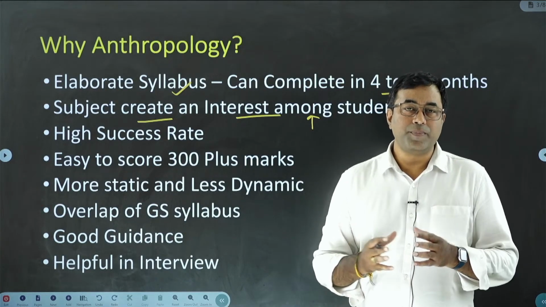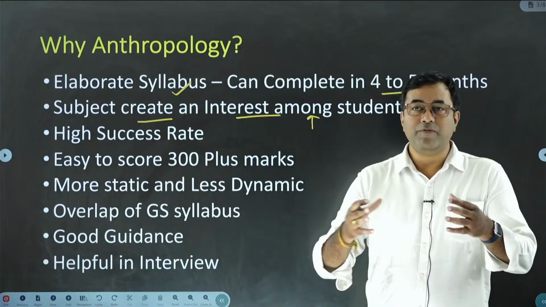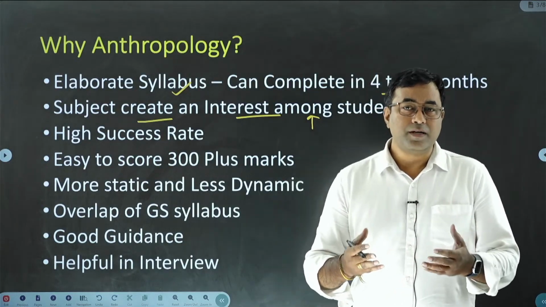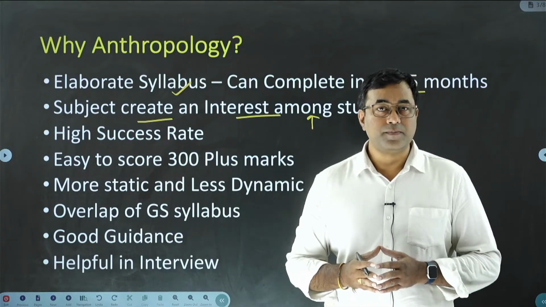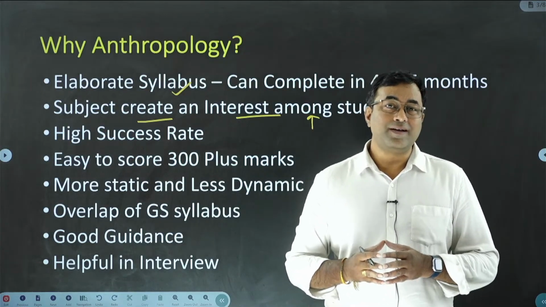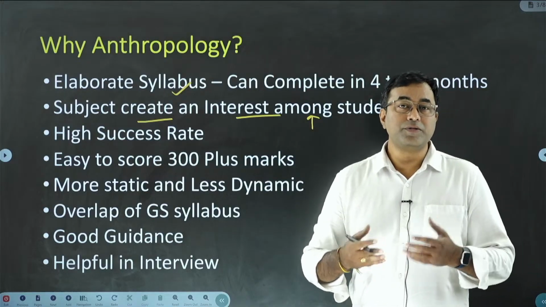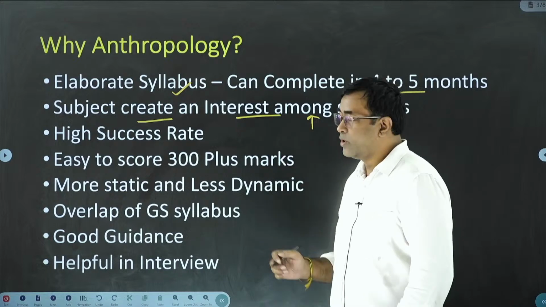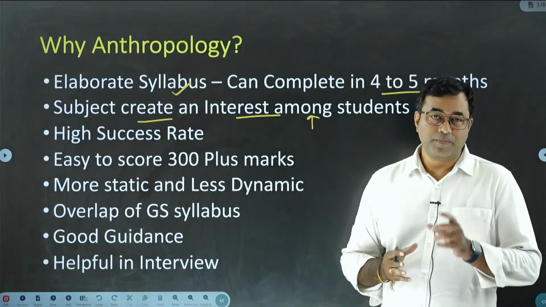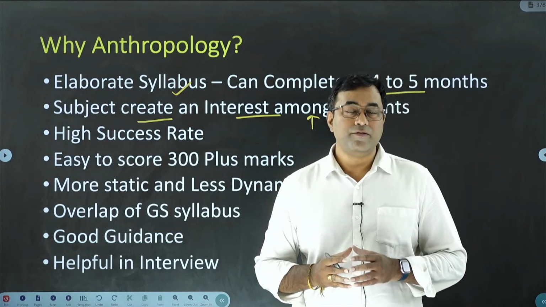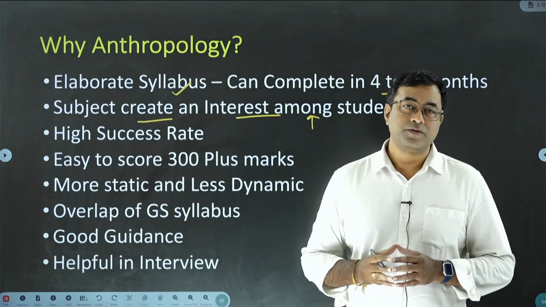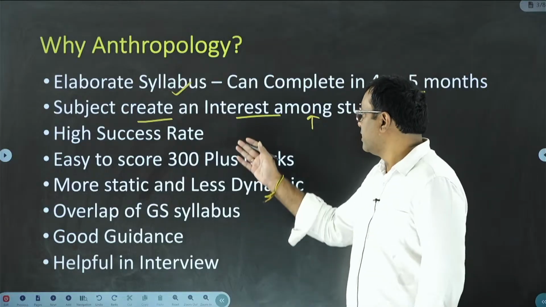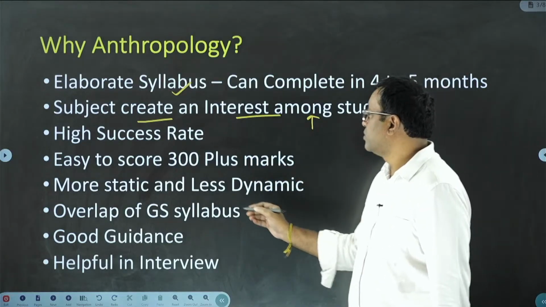These are topics you experience every day, and you learn the subject through lively examples, which helps you understand the subject and reproduce it in an effective way. That is why creating interest among students is also one of the parameters to be considered in the selection of optionals. Anthropology is one such optional which creates a sense of interest among the students.